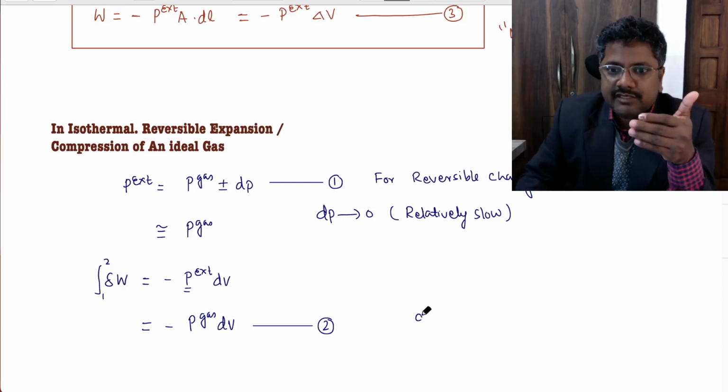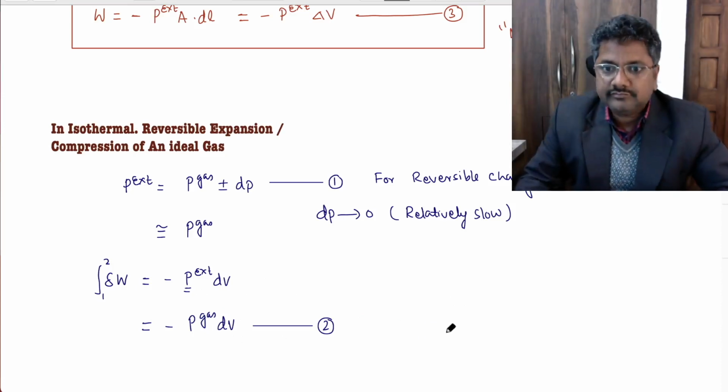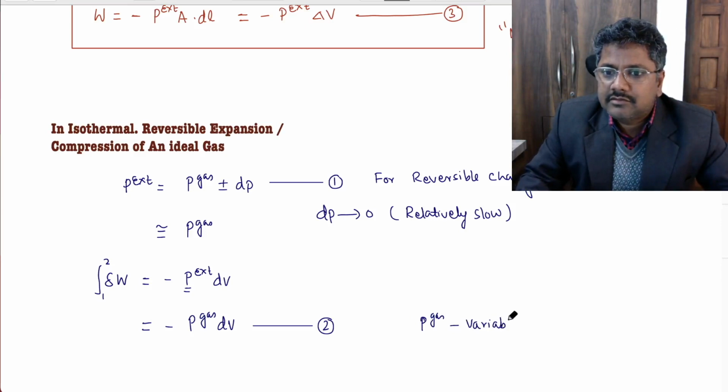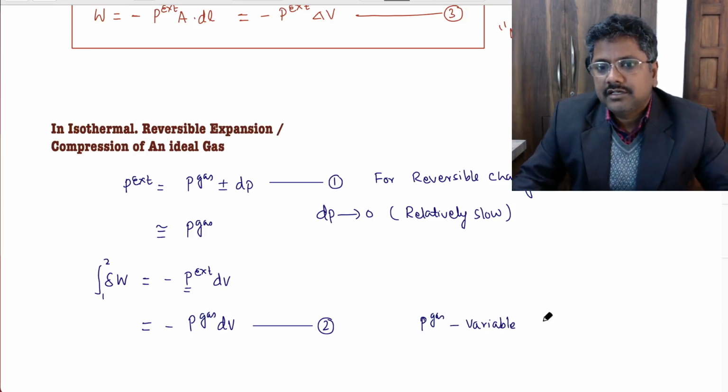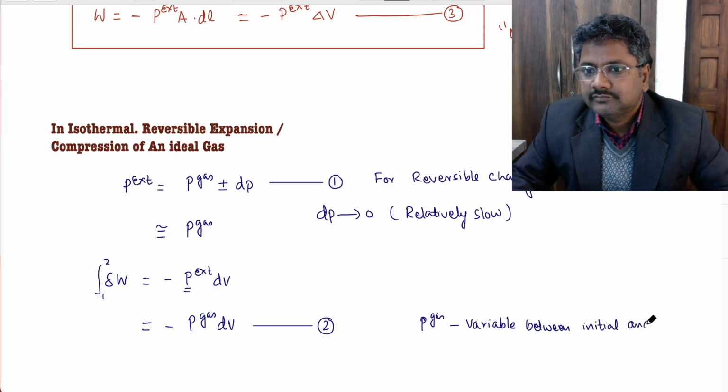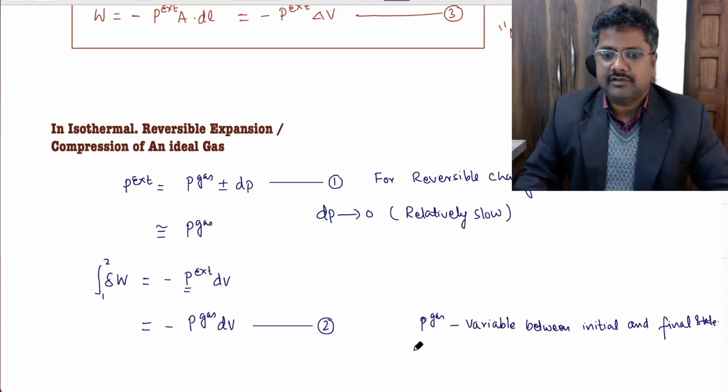So here this P gas is variable between initial and final state.